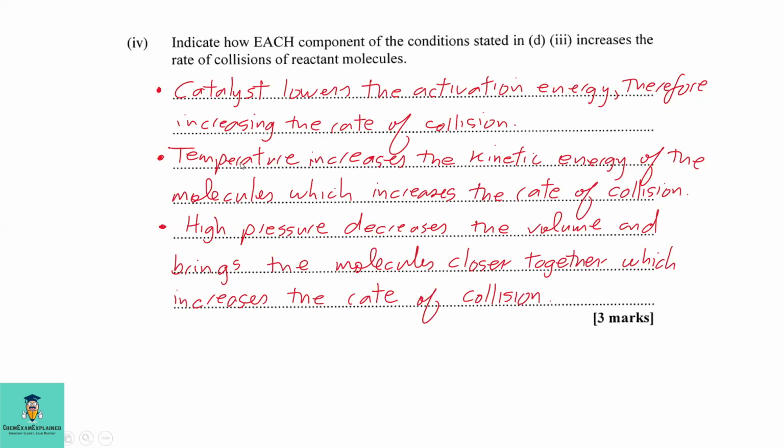For temperature, it increases the kinetic energy of the molecules, which increases the rate of collision. And for pressure, high pressure decreases the volume. You must remember that pressure and volume are inversely proportional. So the high pressure decreases the volume and brings the molecules closer together, which increases the rate of collision.